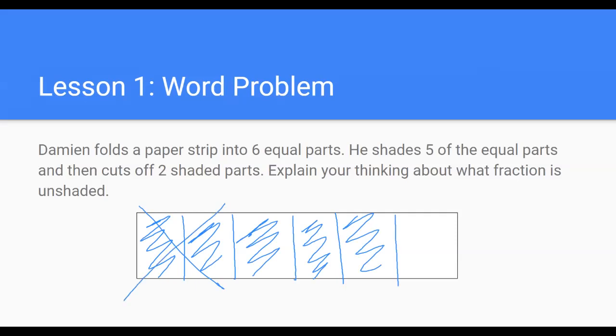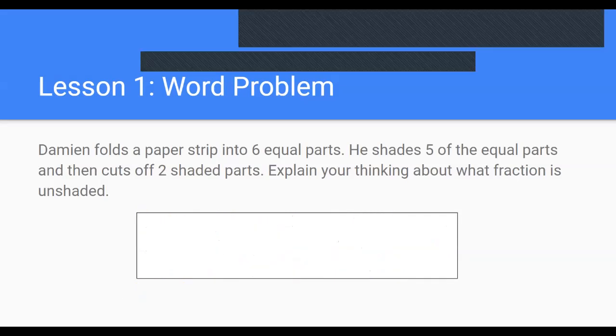So what fraction is left? To answer this, boys and girls, you need to know the entire whole. And you name the fraction piece based off the whole, even though he cut off 2 pieces. So this is 1/6 that is not shaded in. So we're going to move on.